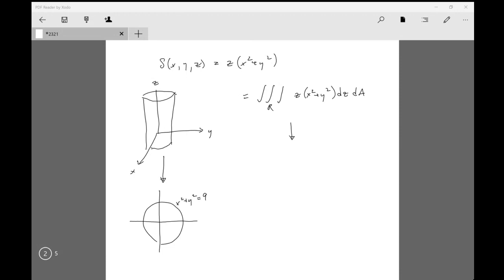Can anyone not see this second integral, the 0 to 2 pi, 0 to 3, and 0 to 2? Interesting. Let me make sure it's still being shared. So let me try writing something different and see if you can see that.